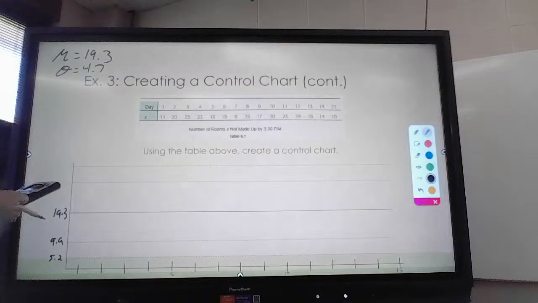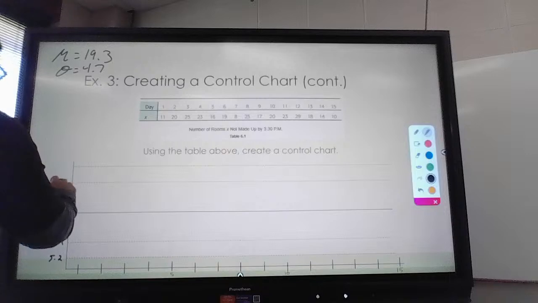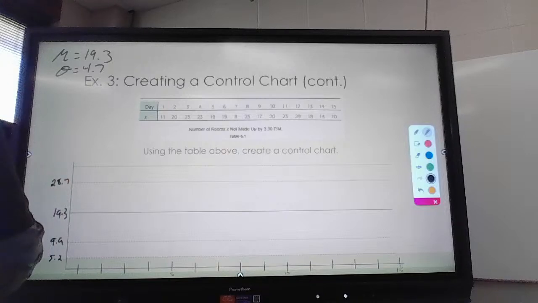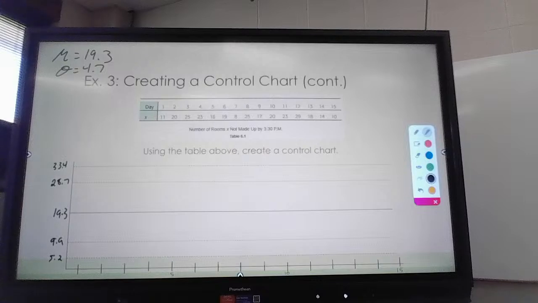Now going up, plus, so 24 is the first standard dev mark, 28.7 is the second standard dev mark, 33.4 is the third standard dev mark. Let's go ahead and graph these places here.